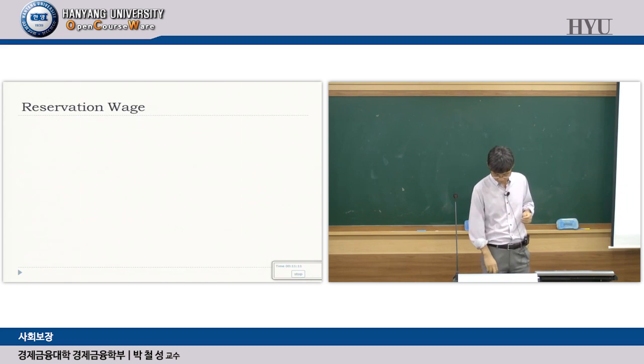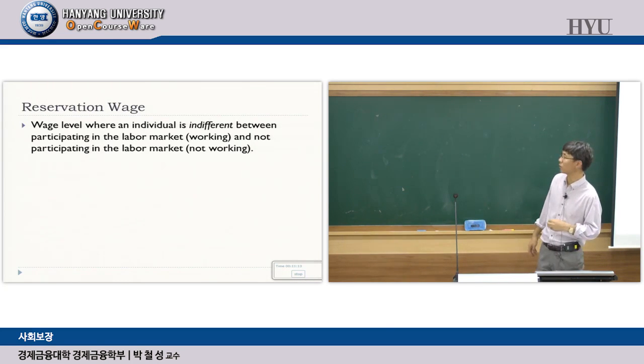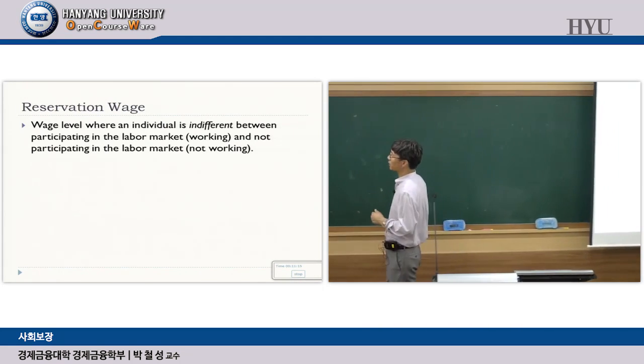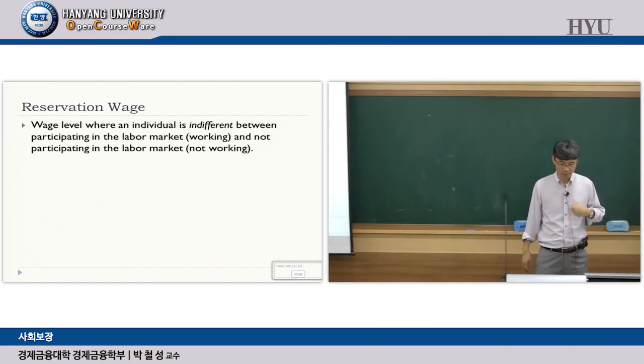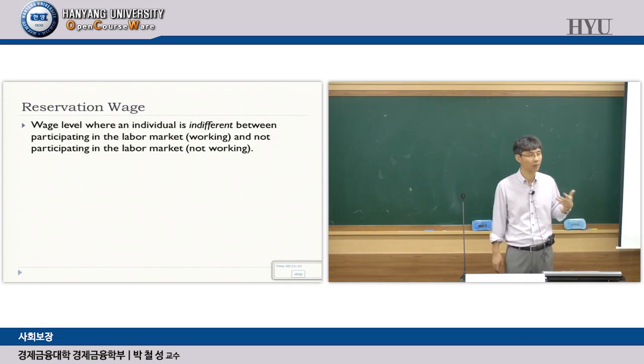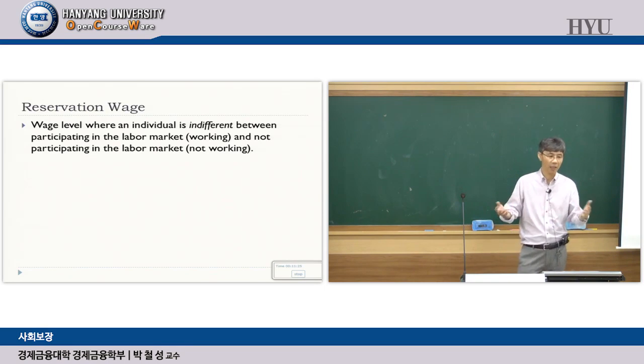Reservation wage is formally defined as the wage level where an individual is indifferent between participating in the labor market or not. Participating in the labor market means working or looking for work, so being willing to work.